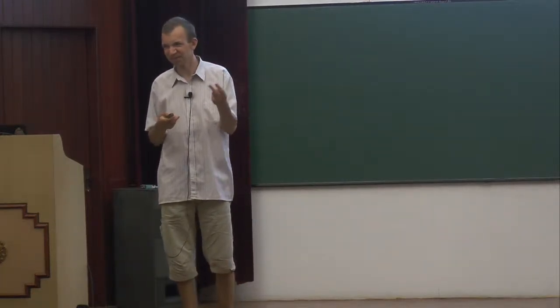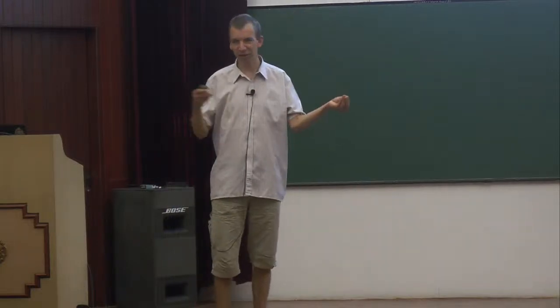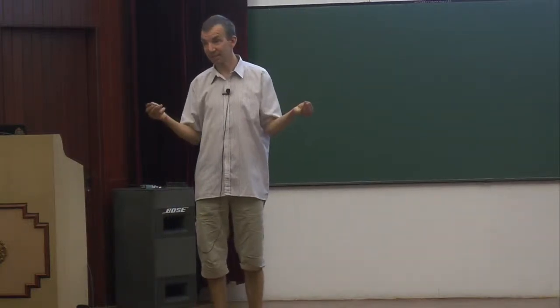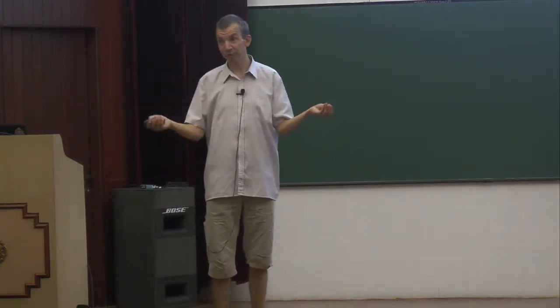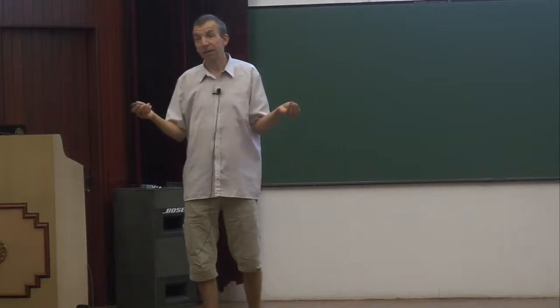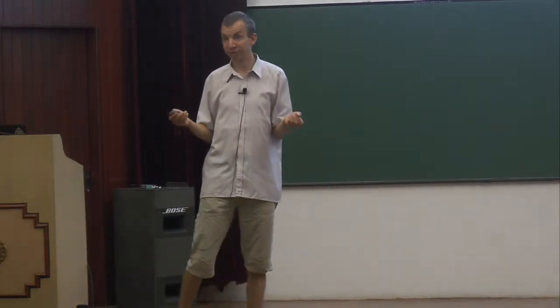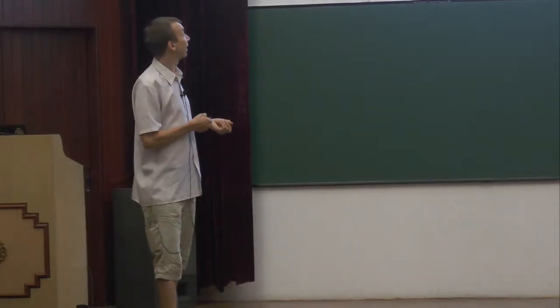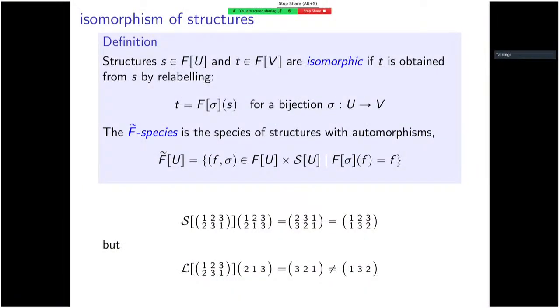If I have one permutation and another permutation with the same cycle type, I can obtain one from the other by relabeling, or conjugation if you prefer. And so S tilde encodes the cycle types for you, but as a species.